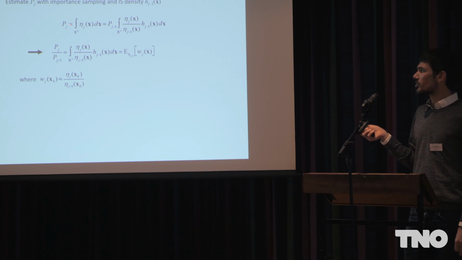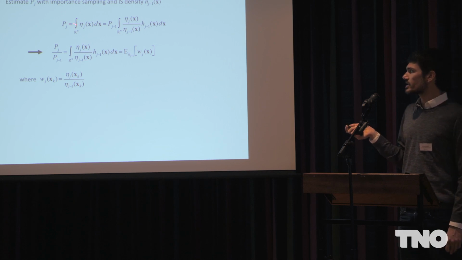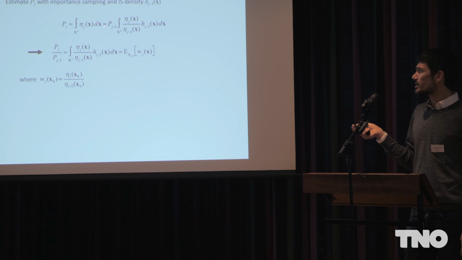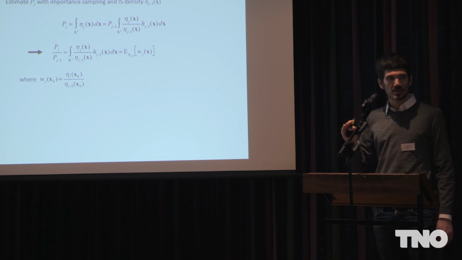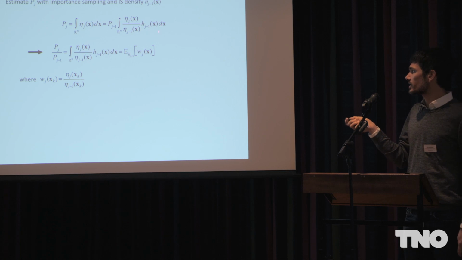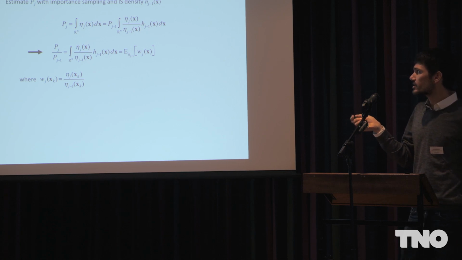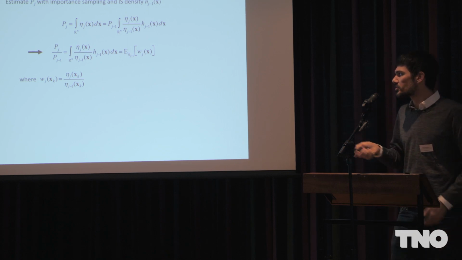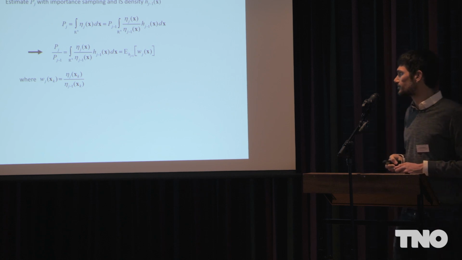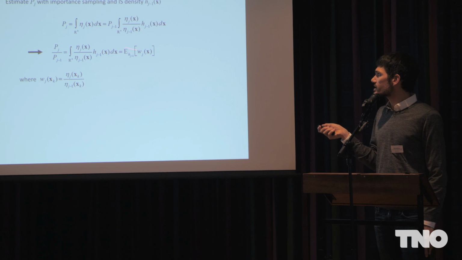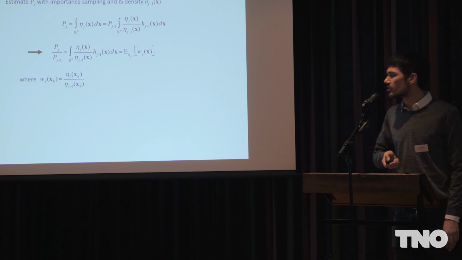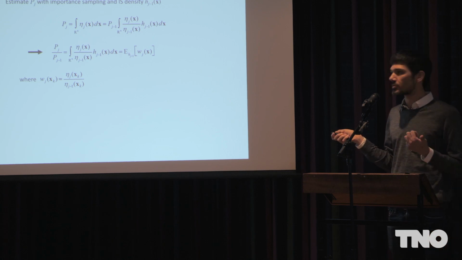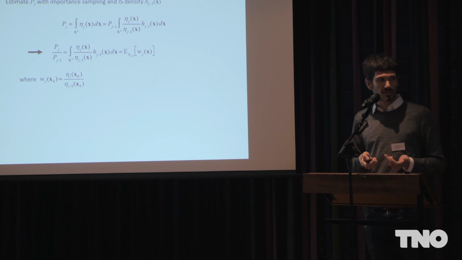If you take the normalizing constant Pj, you can write it as the integral of the unnormalized density, which equals, if you multiply and divide with the previous density in the sequence, this expression over here. This ratio here is the likelihood ratio between the two consecutive distributions, and it's in principle again an importance weight factor. So through this expression, we can write the ratio of two consecutive normalizing constants as the expectation, based on the previous distribution in the sequence, of these weights.